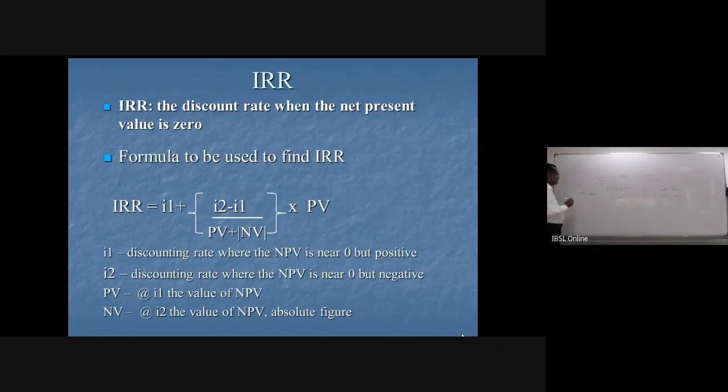So you can take I1 as 20. Then you give 25%, then you find out the NPV. It becomes 4,000.